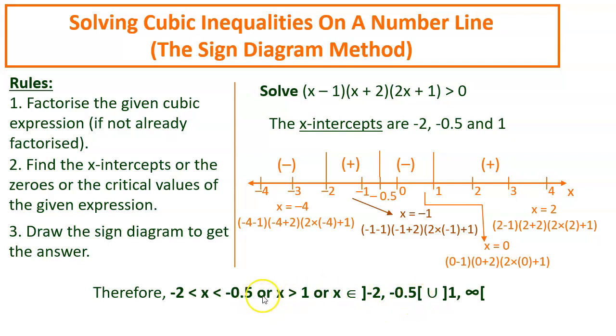And in place of 'or', we have this union sign and 1, infinity. So you can go up to any higher value of x as you want. You can move towards infinity. Obviously, you can never reach infinity. Infinity is not any number, but the number should be greater than 1. We are having this open bracket. Okay, so this is our final answer.